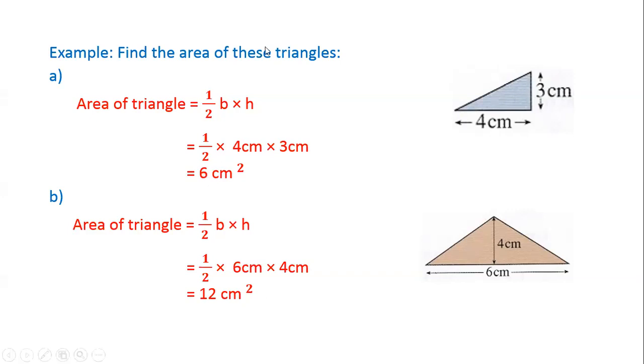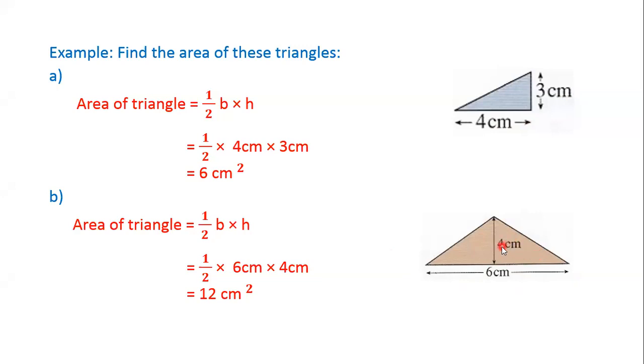Attention here, because I am talking about area, so you have to say centimeter power 2. Even in the second example, example B, I'm talking about area, so you say centimeter power 2 as well. But if you are talking about base or height, it will be centimeter alone. Here, the base is centimeter, and even here, centimeter.